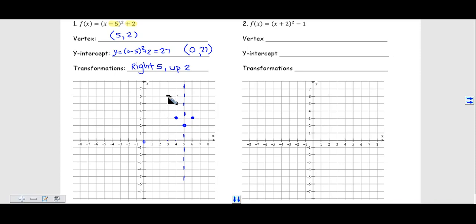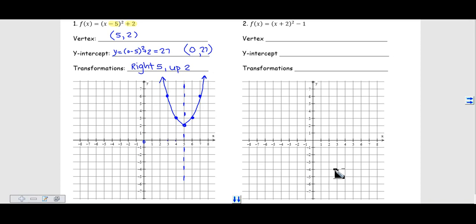So (3, 6) would be here, and (7, 6) would be here. That's enough points to give me a very good visual of what this parabola will look like. Always remember to take your parabola to the ends of your graph and draw arrows to show that it does continue upward.